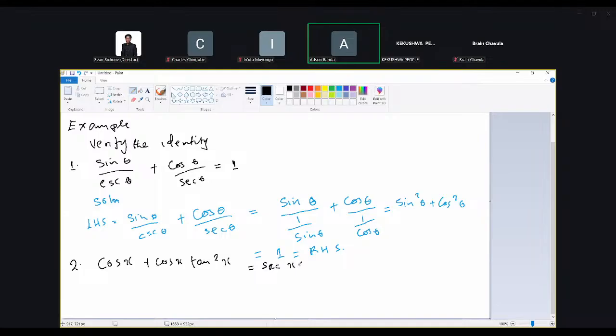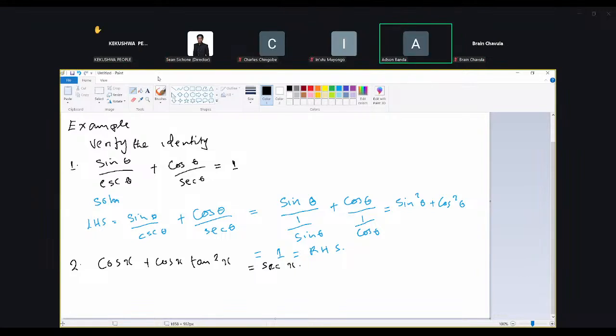So we want to verify this identity. Like I said, depending on how the identity is given, you can choose to start from the right and get to the left, or start from the left and get to the right.